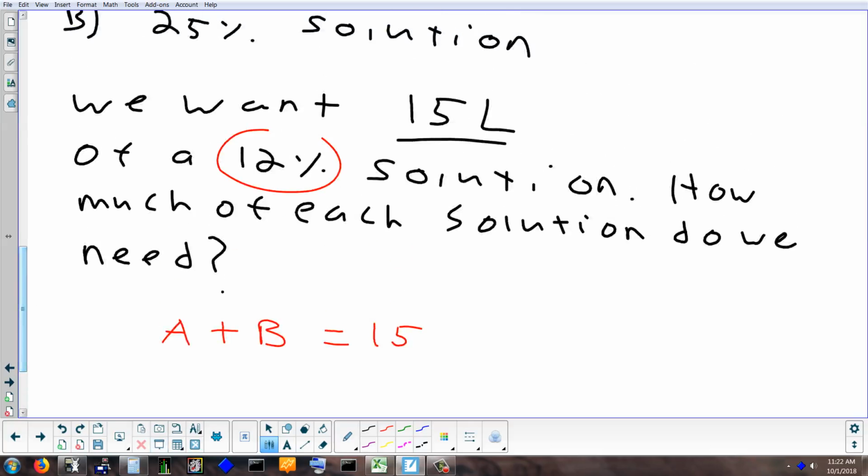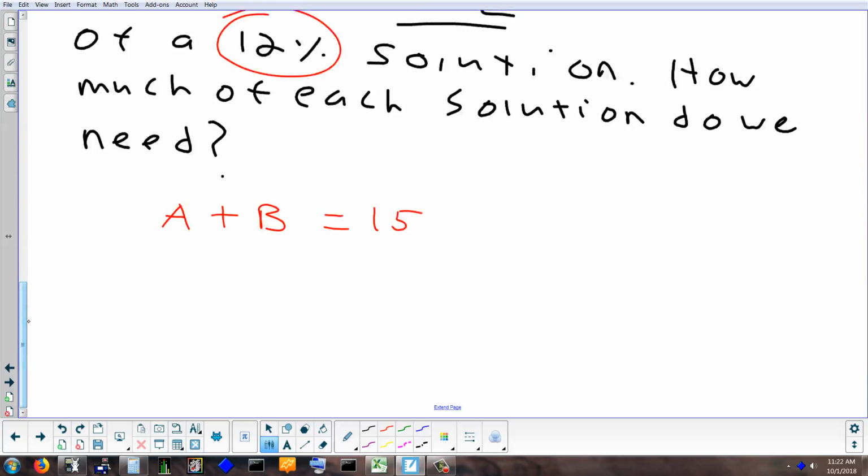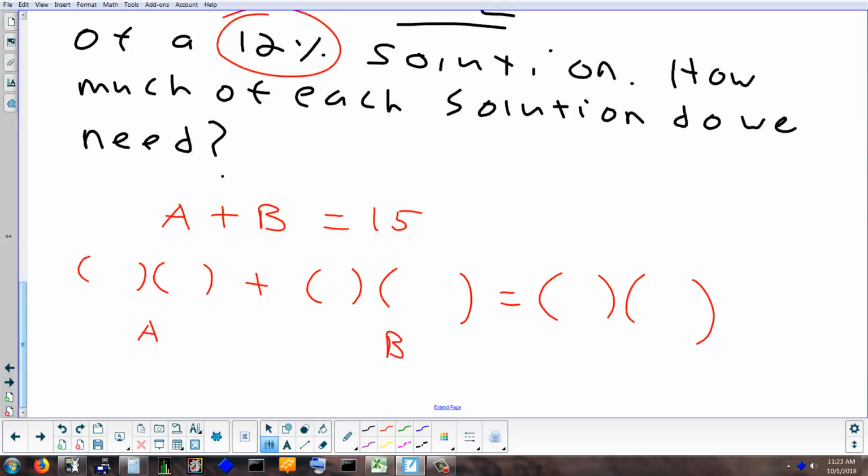But this is the part that's going to narrow down one answer. We're going to have concentration times an amount plus the second concentration times the second amount, equals final concentration times final amount. So let's start, this will be for A, B, final.